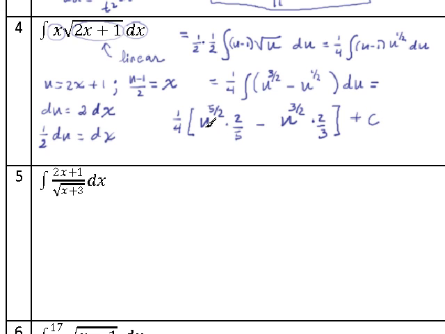Now all we have to do is replace u with 2x plus 1, and then we're done. So this is equal to 1/4, 2x plus 1 to the 5/2 times 2/5 minus 2x plus 1 to the 3/2 times 2/3 plus c.